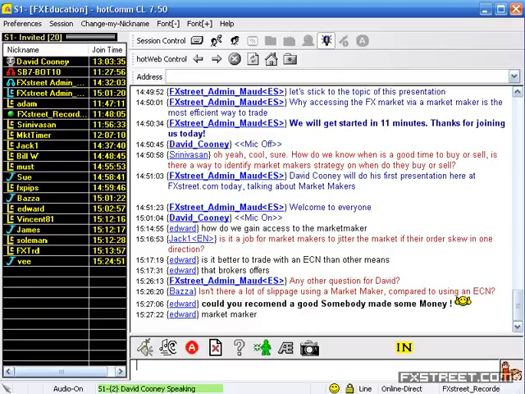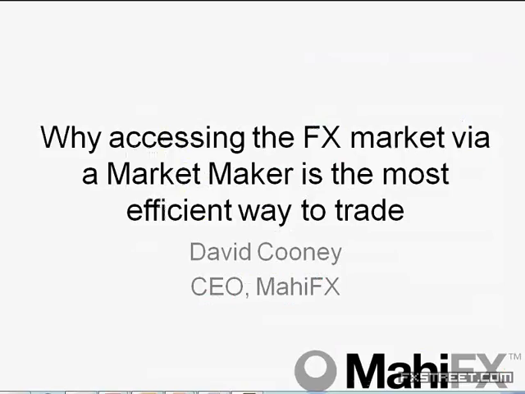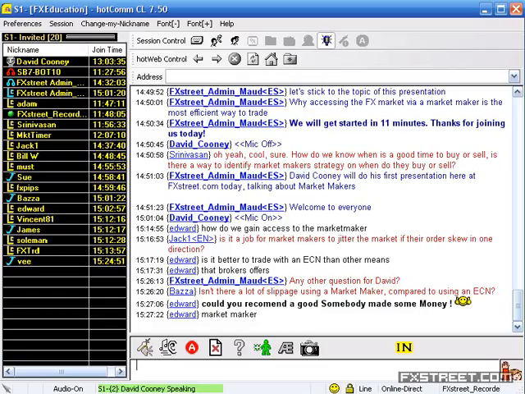Your question, recommend a good market maker. It's interesting. I mean, there are some really good market makers around, but historically, they tend only to be accessible through the institutional market. Barclays are pretty damn good at it. UBS, for a bunch of the guys that I used to work with, are now working, are really, really good.